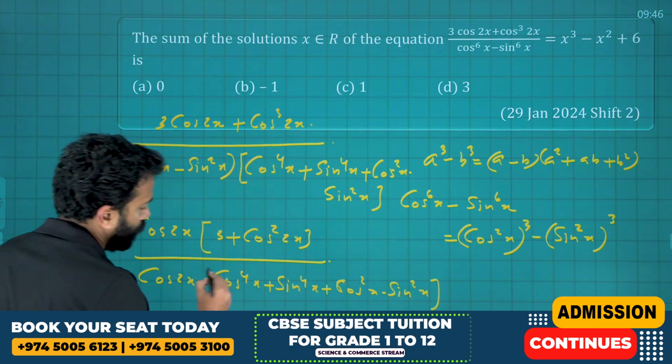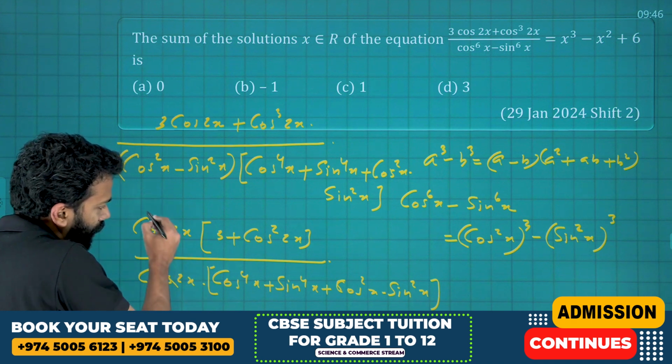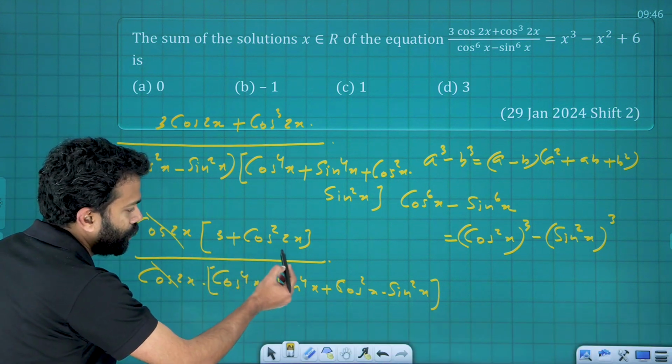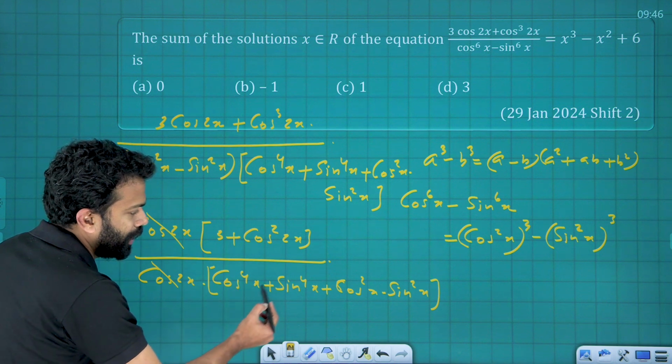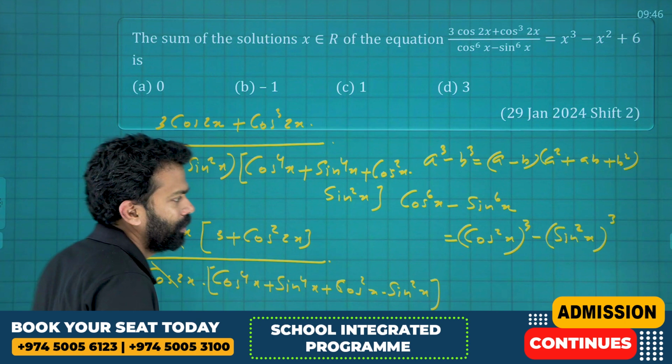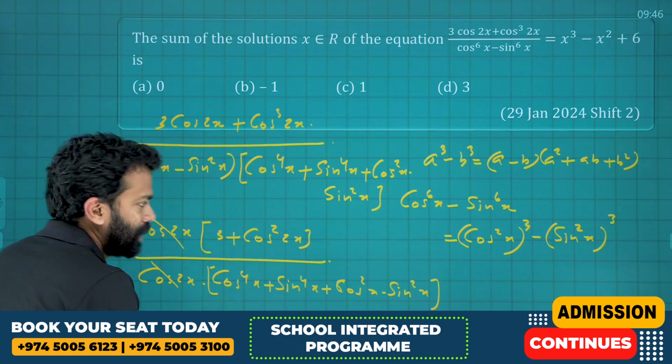Now what I am going to do is cancel this and this as well. And after cancelling it will be like (3 plus cos square 2x) divided by (cos raised to 4x plus sine raised to 4x plus cos square x sine square x). We need to move to the next slide.